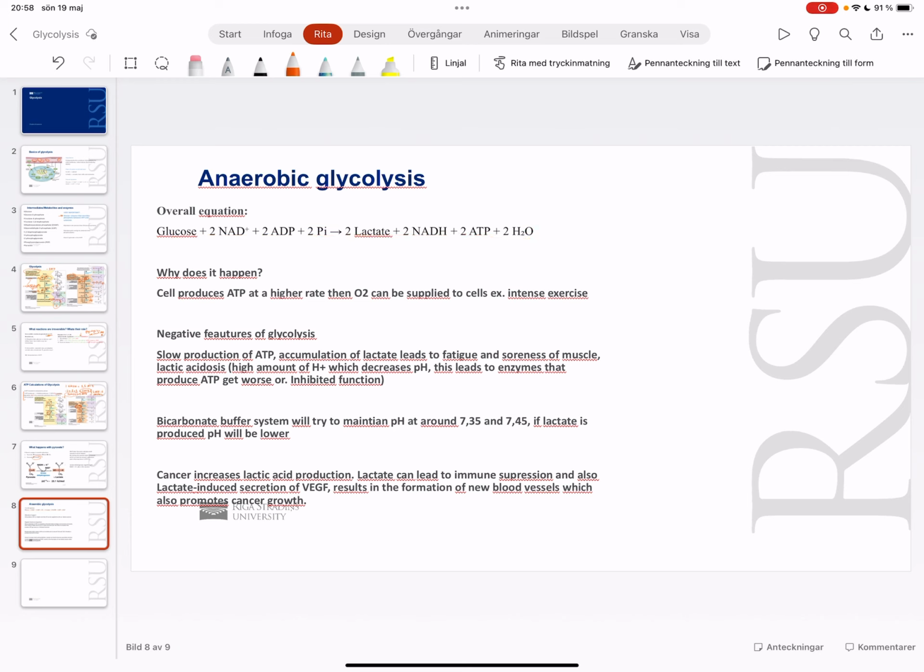Why does it happen? Well, the cell produces ATP at a higher rate than oxygen can be supplied to cells. So this is what I just talked about. Like intense exercise, the cell needs a lot more ATP, and oxygen cannot be supplied as fast as ATP is used, and so we go back into glycolysis.